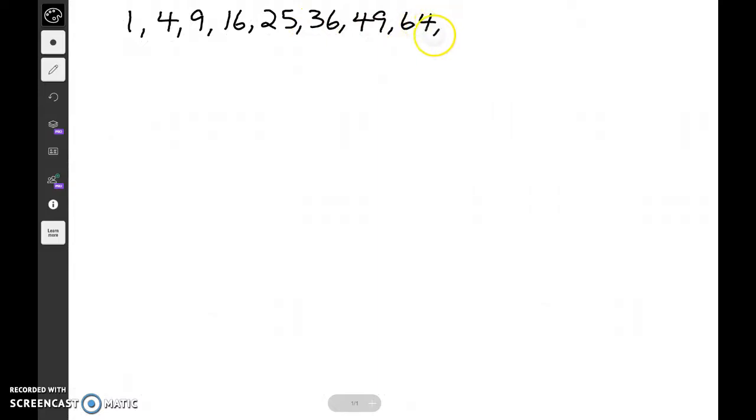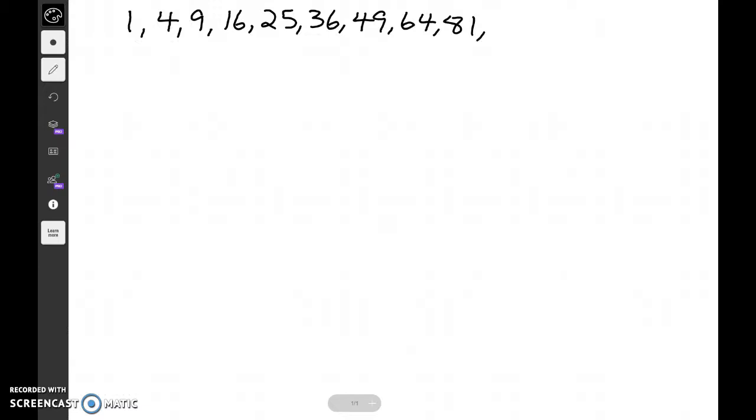So the first one we're going to start with is 1. Then we're going to go to 4. After 4 would come 9, 16. After 16, we would have 25, 36, 49, 64, 81.